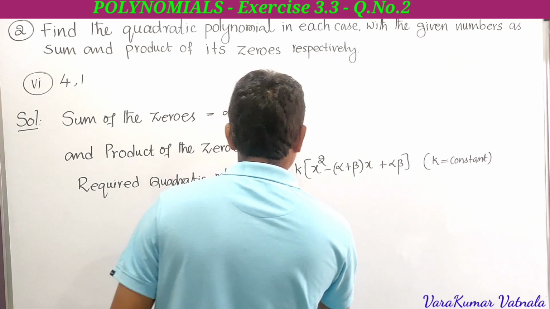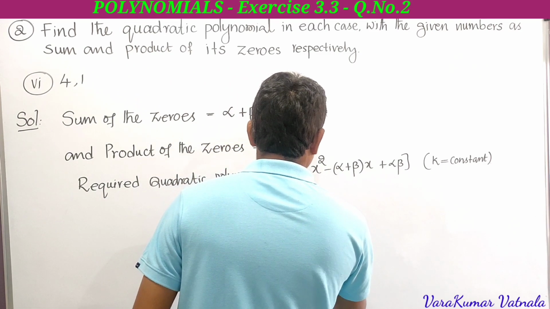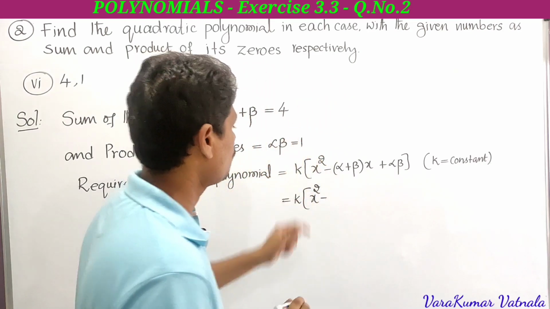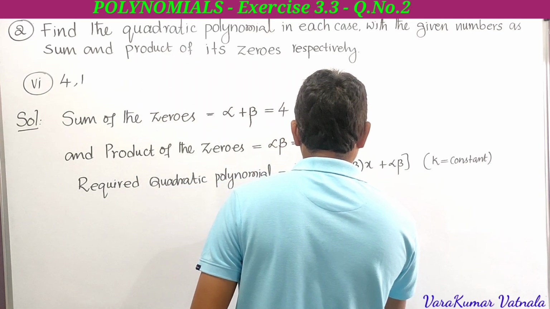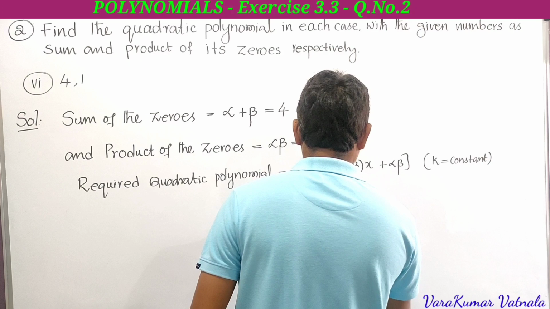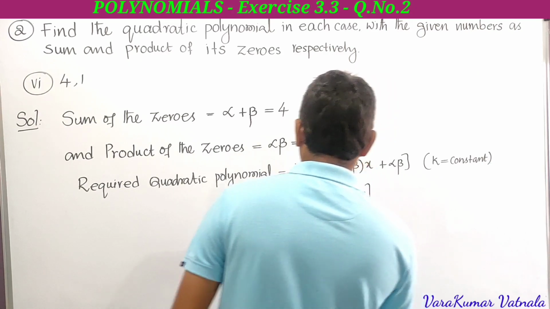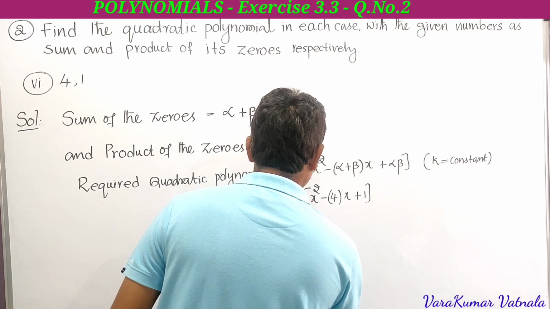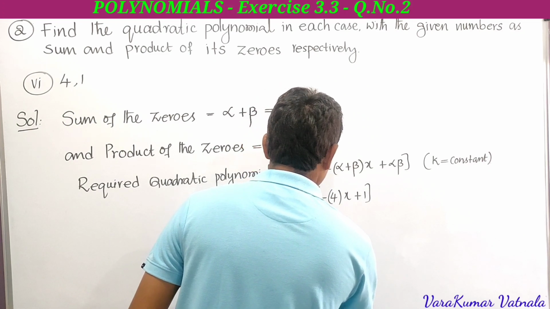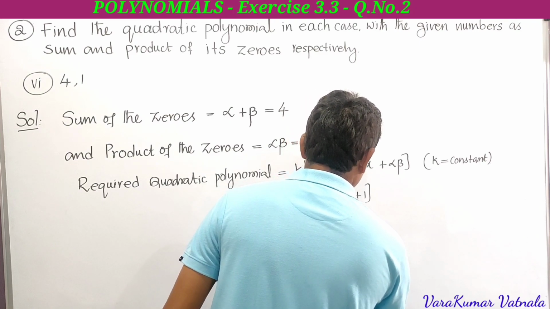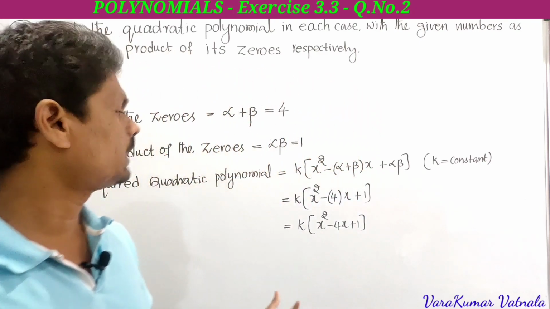So see here, I am substituting k into x square minus alpha plus beta, which is 4, so 4 into x, plus alpha into beta, whose value is 1. So simply we get k into x square minus 4x plus 1. So this is the required quadratic polynomial.